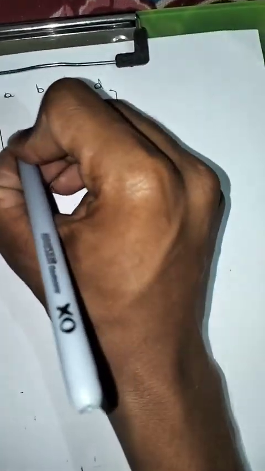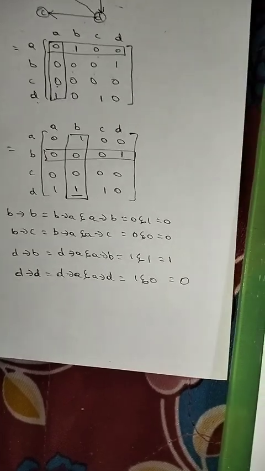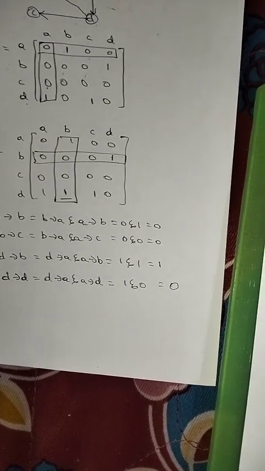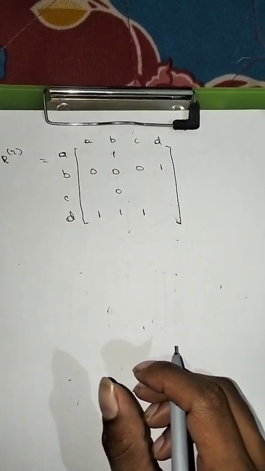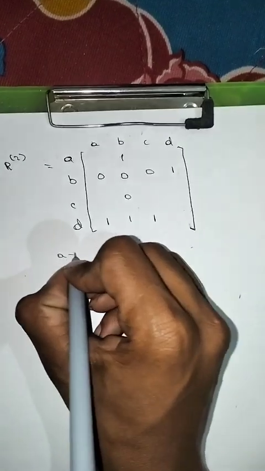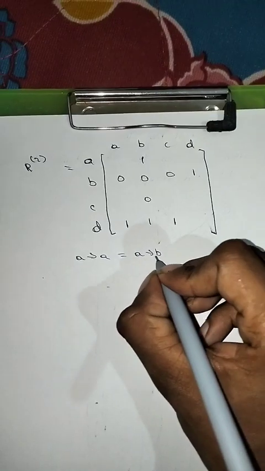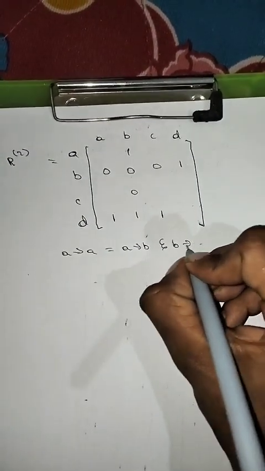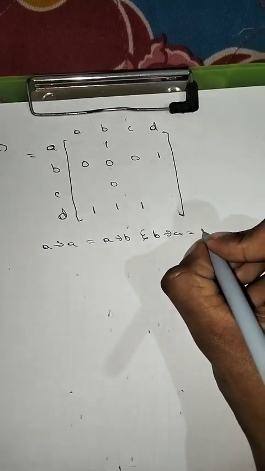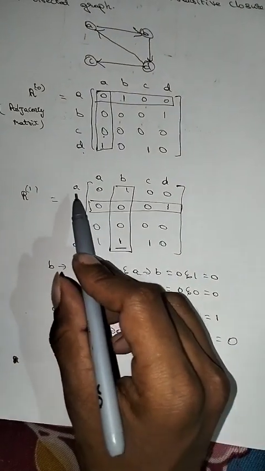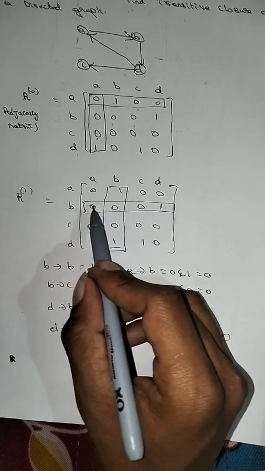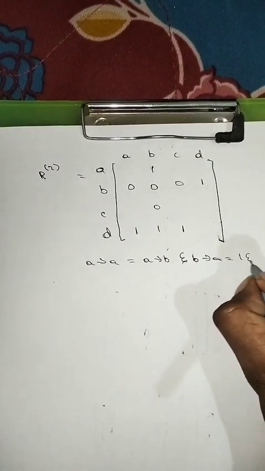So it is 1 0 0 1 and 0 0 1, and the ones which are there, that is D to A and D to C, we write the same, 1 and 1, and the remaining values we have to find, that is A to A. Since it is from vertex B, A to B and then B to A. A to B is 1 and B to A is 0. So 1 and 0 is 0. A to A is 0.